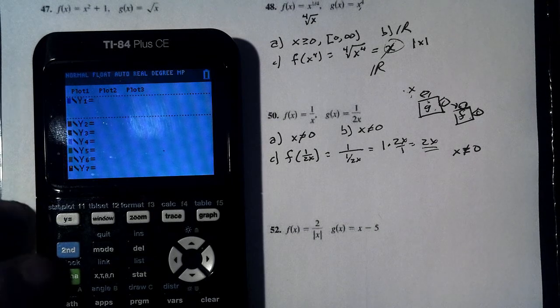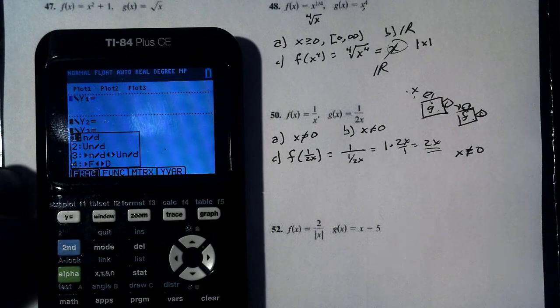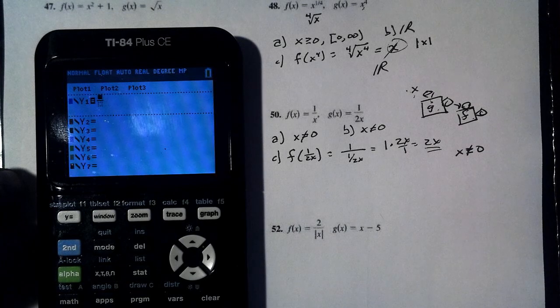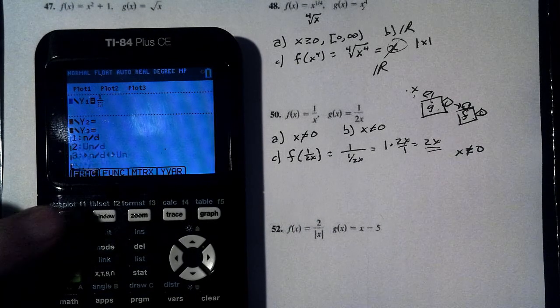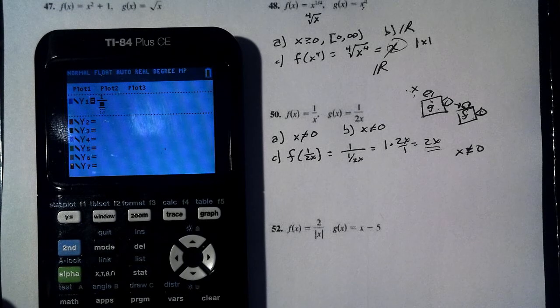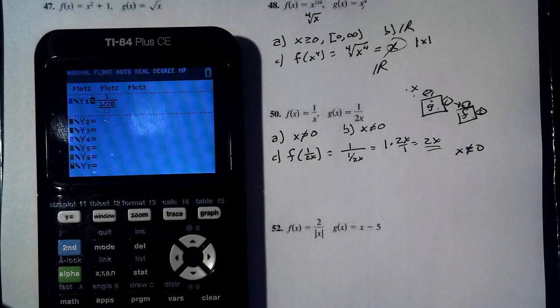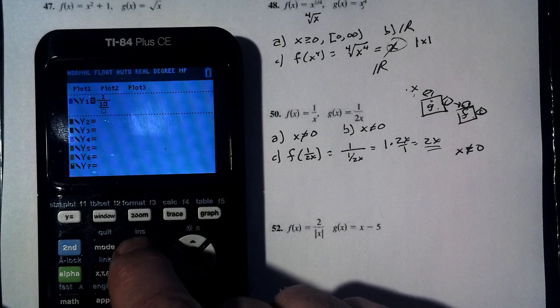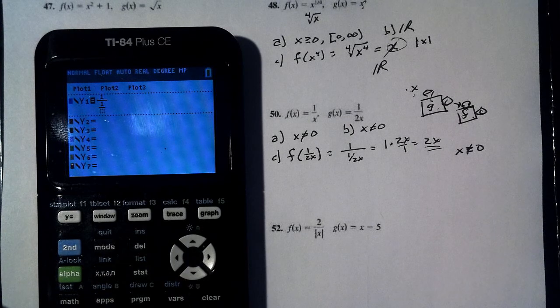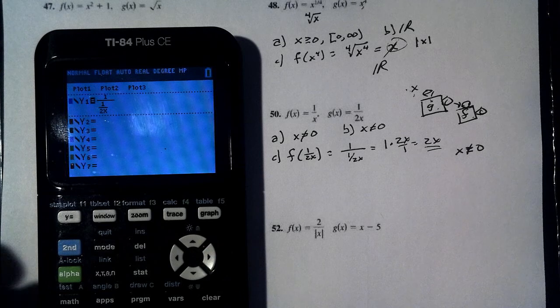Let's go fraction, fraction 1 over... 1 divided by 2x. Nope. Let's delete that because I did a fraction again. So delete 1 divided by 2x. Just trying to illustrate this.